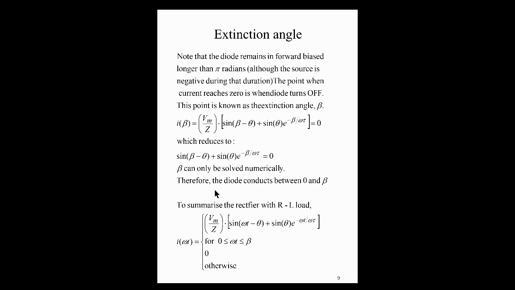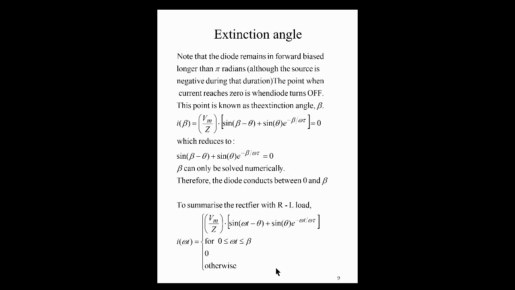All right. There's another method that I will use, a graphical technique, since in your exams you'll not be using your computer. So I will show you a graphical technique that can be used to obtain your extinction angle.